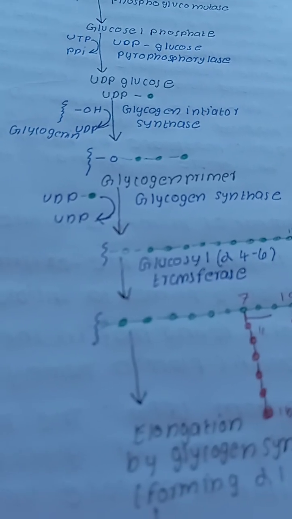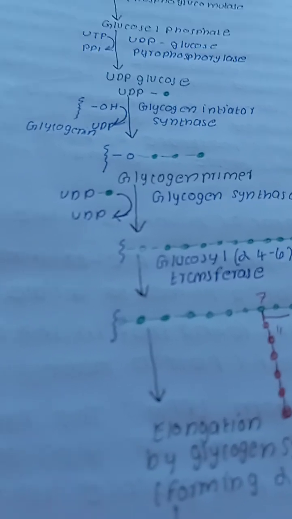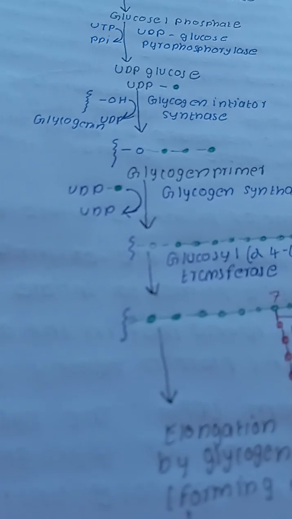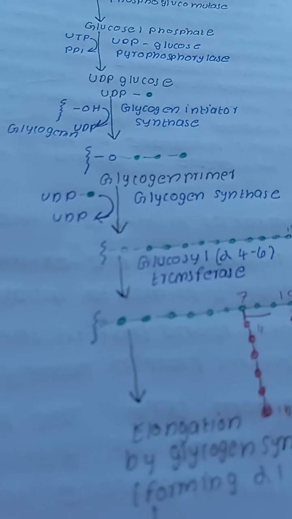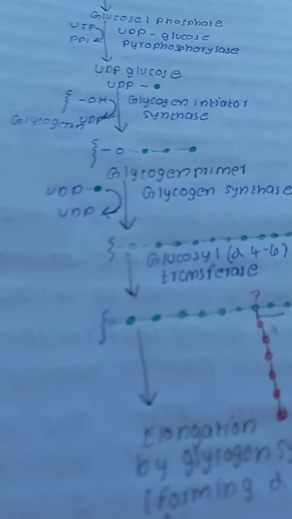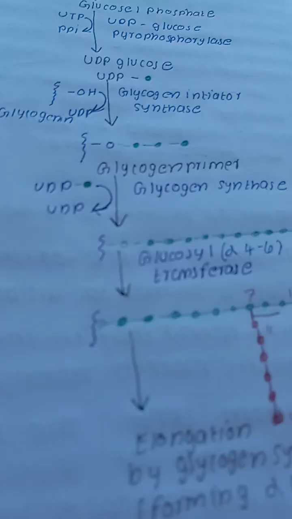First, the glycogen initiator introduces one glucose residue to glycogenin, and after that glycogen synthase itself adds other glucose residues.